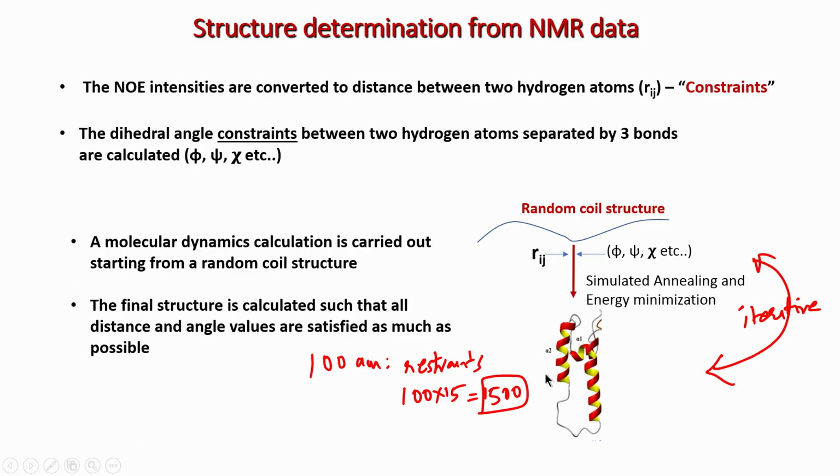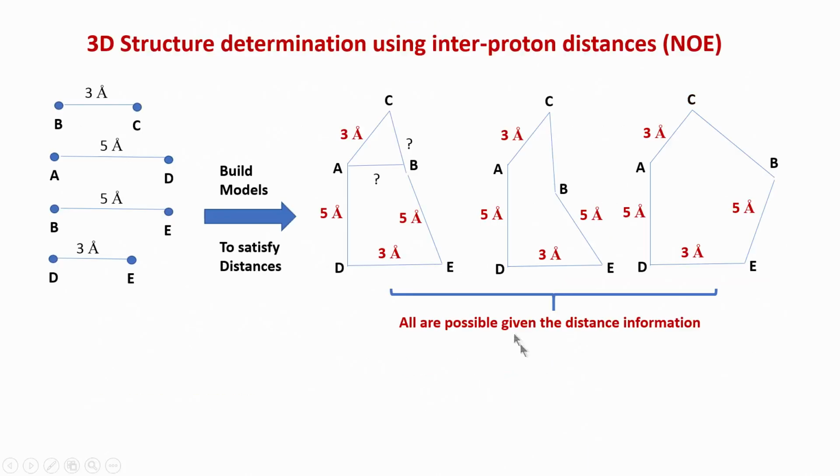But if you recall, in one of the slides I showed that if the distances are not sufficient in number, then there are a lot of uncertainties. For example, in this case, where should I keep the B? B could be here, it could be here, or this B atom, because I do not have CB and AB distance in my input list.